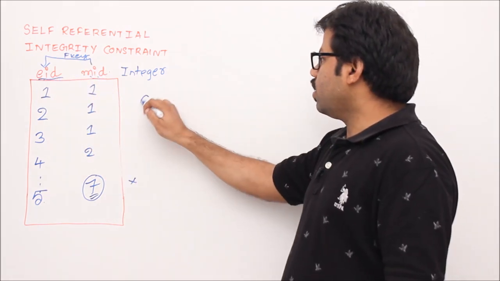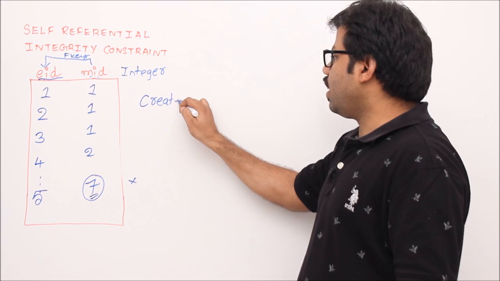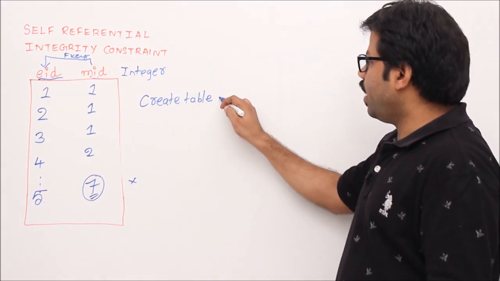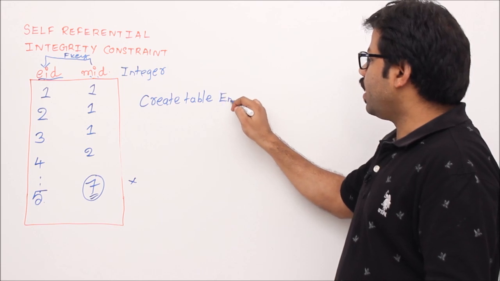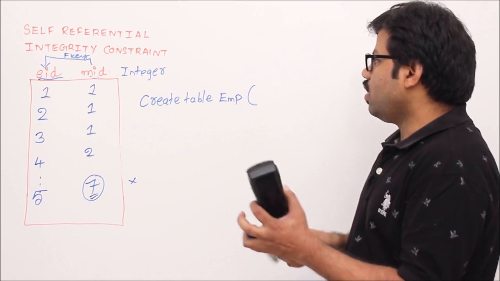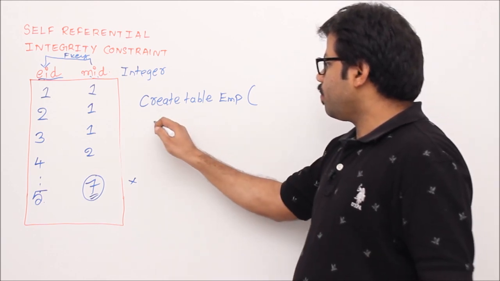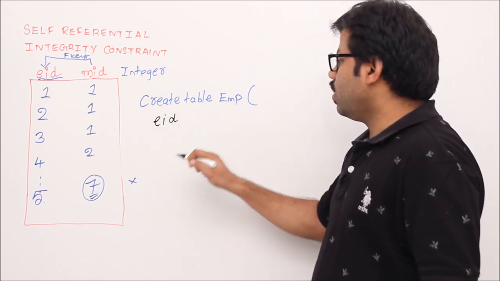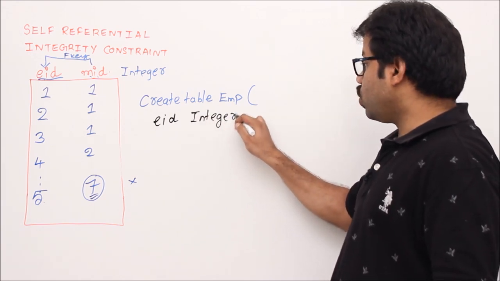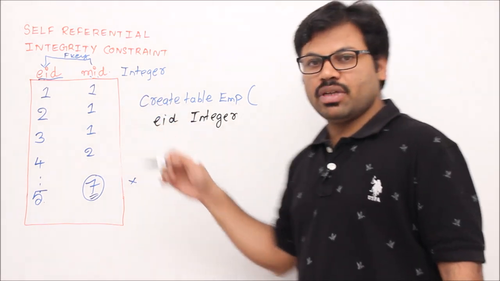So let's do that. Your syntax will be like this: create table. What is the table name? Employee, let's say. Create table employee, and the column names: one is employee ID. What is the field type? Integer. It should be primary key because this is going to be referred to by someone.